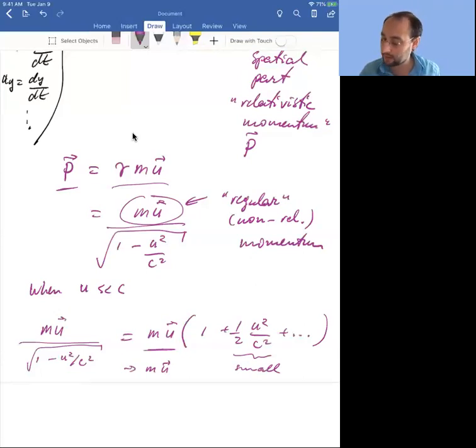You can see it directly from this expression that when u over c is much less than 1, the denominator containing the square root basically goes to 1, and you basically get regular momentum. And second, we will see that in an isolated system, this quantity, the relativistic momentum, will be one of the quantities that remains conserved, the other being the relativistic energy.